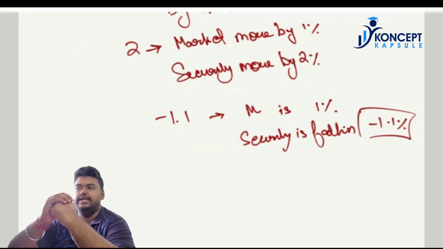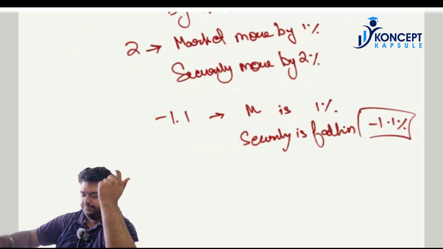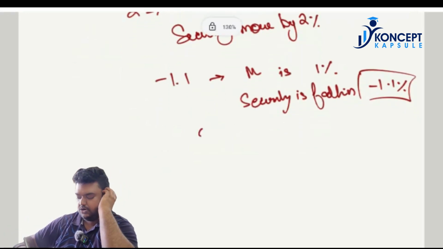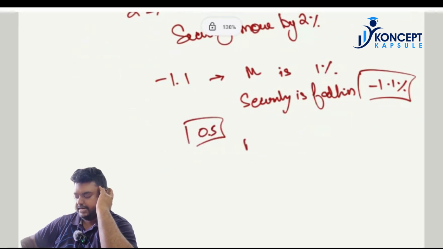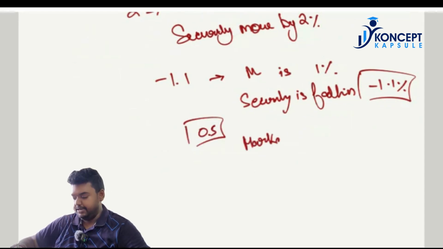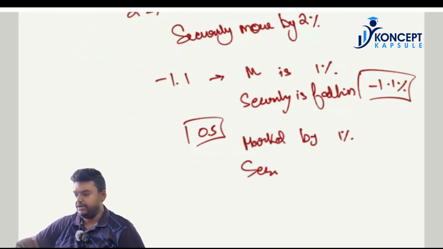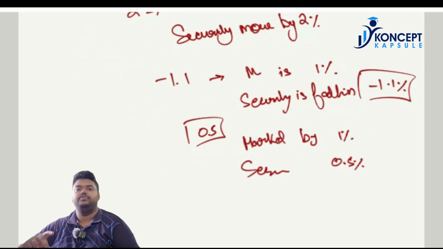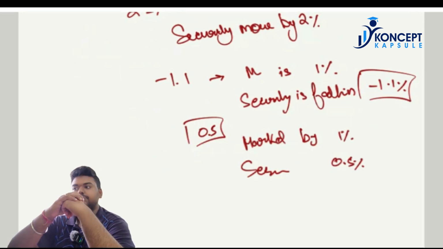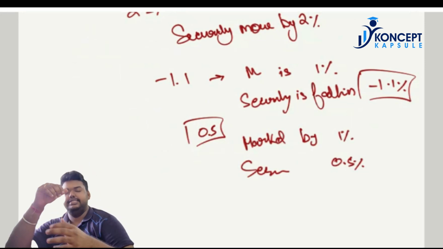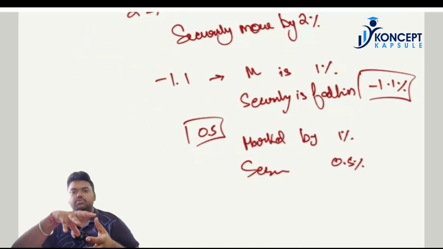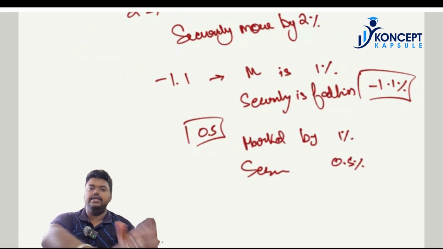Similarly, if beta is 0.5, it means that if the market is increasing by 1%, then the security is moving by 0.5%. So basically, beta shows how the movement of the security is with respect to that of the market.